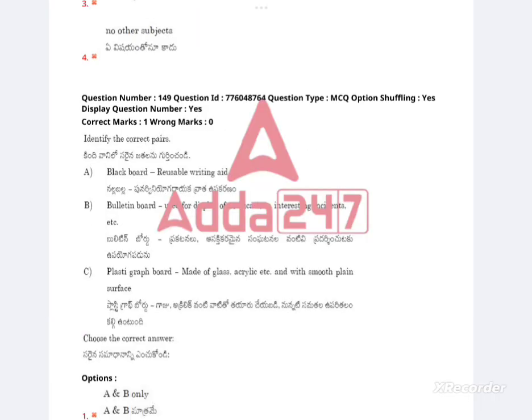Next question, identify the correct pair. Blackboard, reusable writing aid, this is correct.